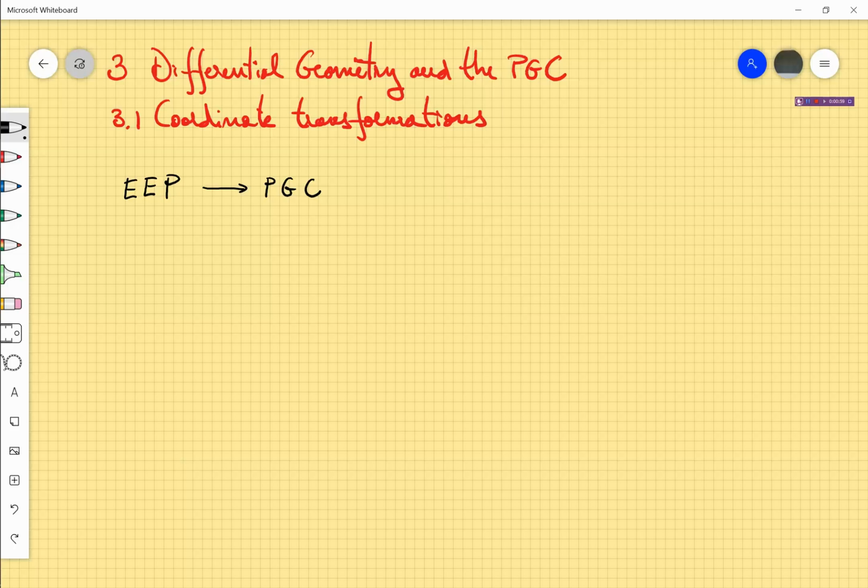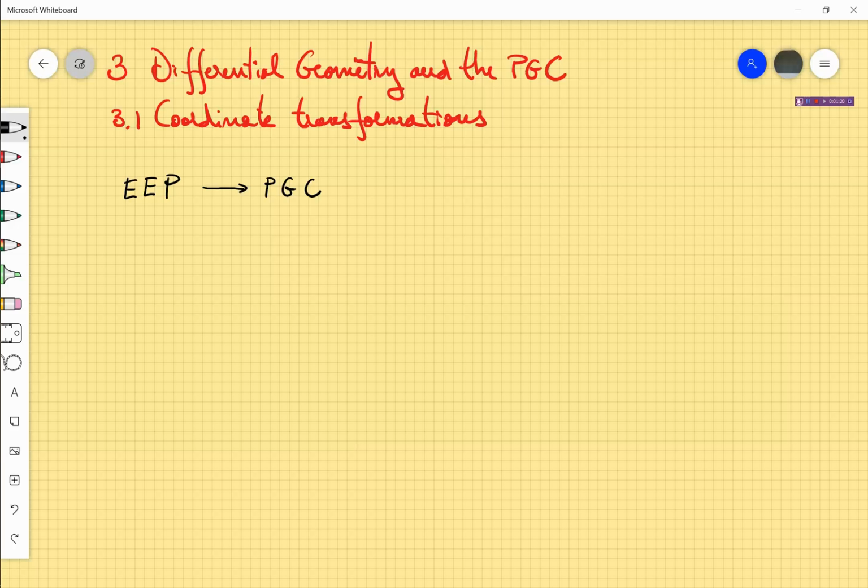This means that we have to study coordinate transformations and that we have to define objects that behave well under coordinate transformations, and this will be the main tools or the main objects that we will use in constructing our theories.